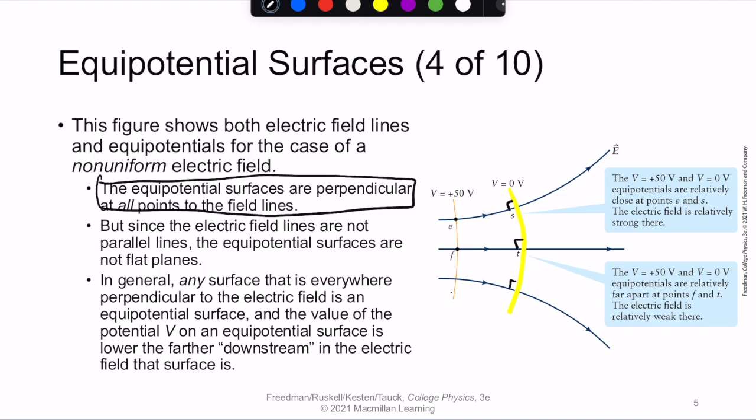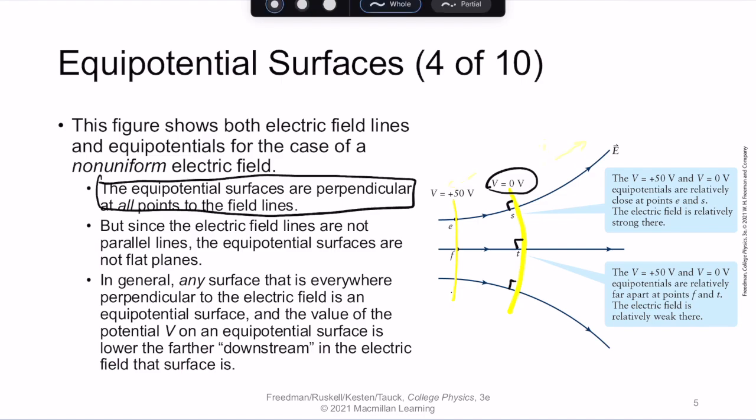Everywhere along that yellow line has a constant potential, in this case 0. Everywhere on this equipotential line is going to have a value of 50. And we can imagine, to help us see this trend of why potential is getting larger going this way and smaller going this way.